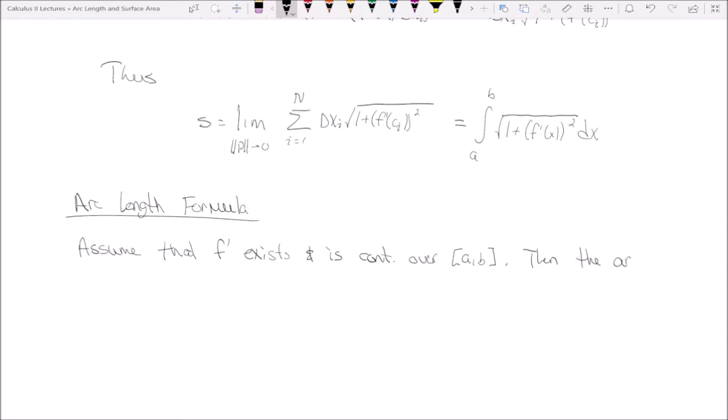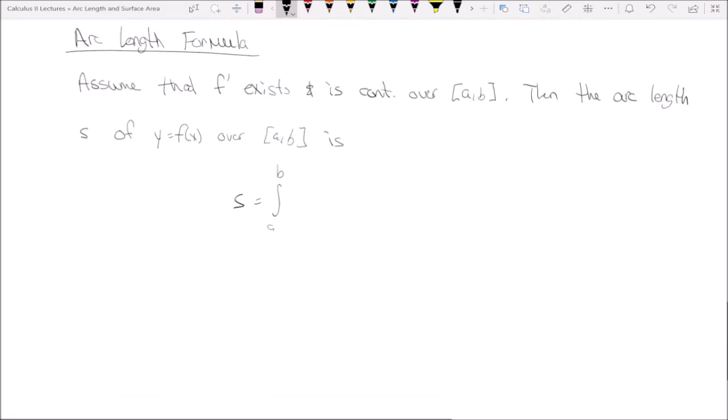Then the arc length, call it little s, of y equals f of x over this interval is s equals the integral from a to b, square root of 1 plus the quantity f prime of x squared, dx.